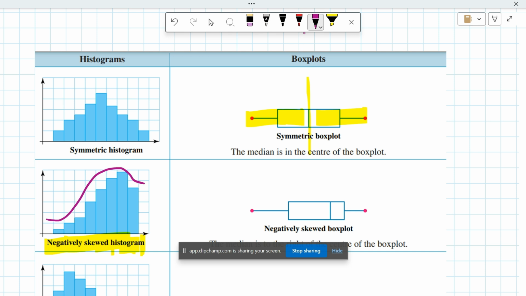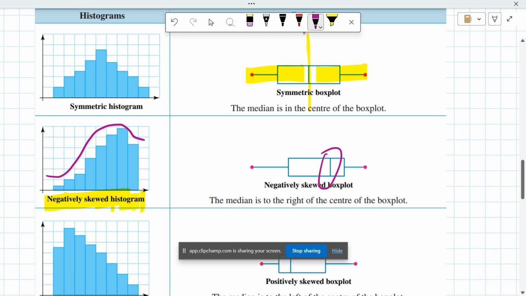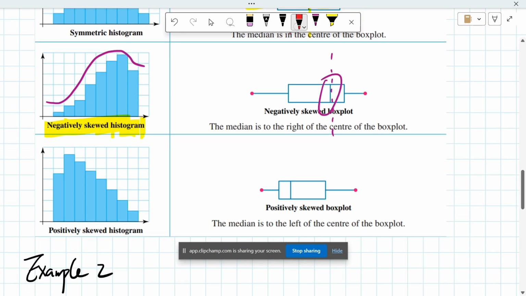That's the negative, so you can see your median is on the right in your box plot. And positively skewed is going that way, so your median is on your left. Hopefully that makes sense.